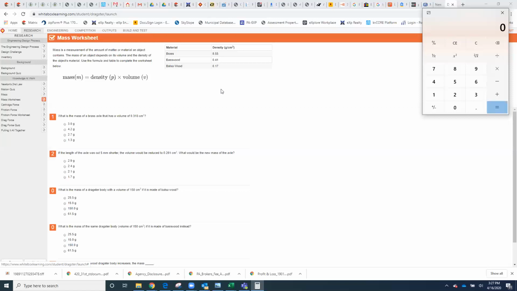Number 1, what's the mass of the brass axle that has a volume of 0.38 centimeters cubed? Well, what you're going to do is go up to our chart here. You're going to find brass, which has a density of 8.55 grams per centimeters cubed. We're going to multiply it by that 0.138 centimeters cubed, and we're going to get our answer.